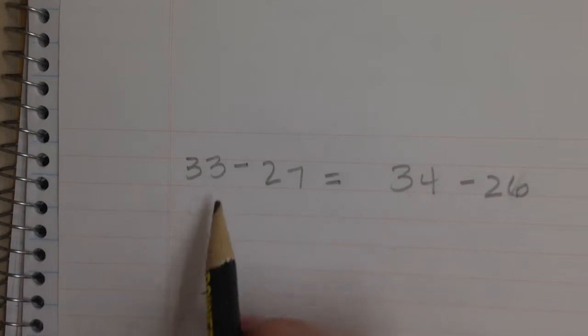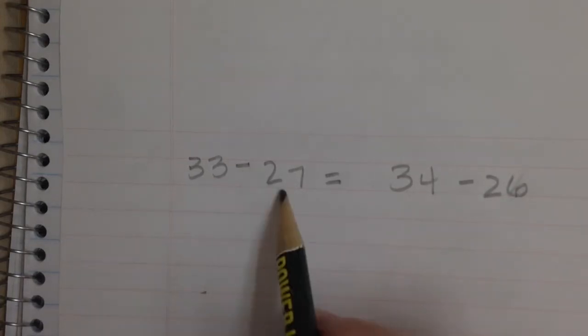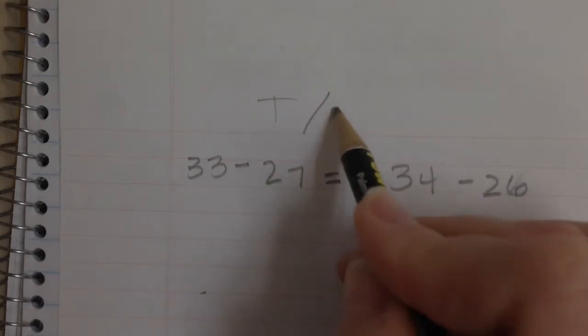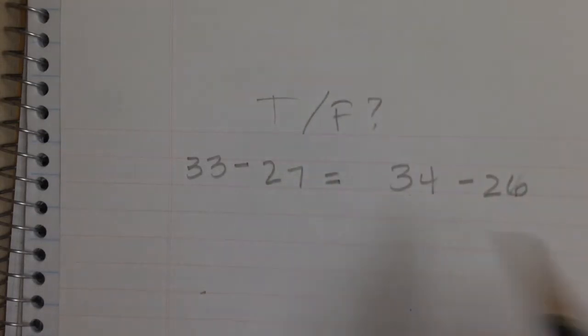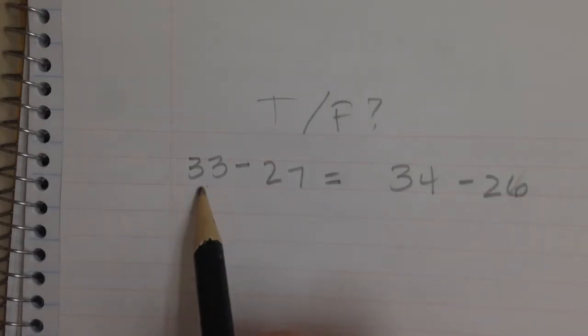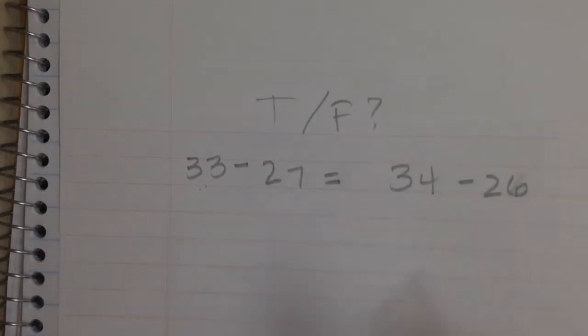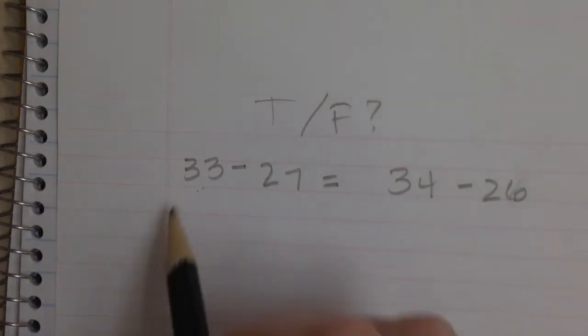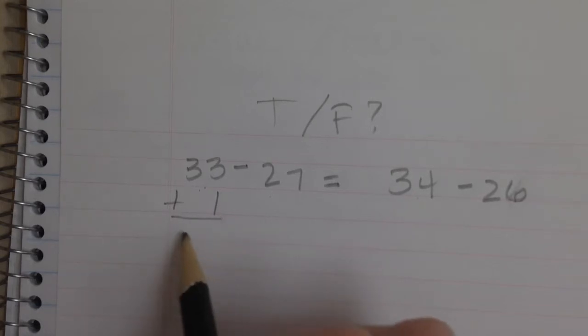They're asking you 37 minus 27 is equal to 34 minus 26. True or false? Okay, so first thing we have to do is balance it. Well, I say, this one and this one are pretty close. Actually, they're both pretty close. It doesn't matter which one you match up. But I'm going to say, if I add one more over here, I'll have 34.